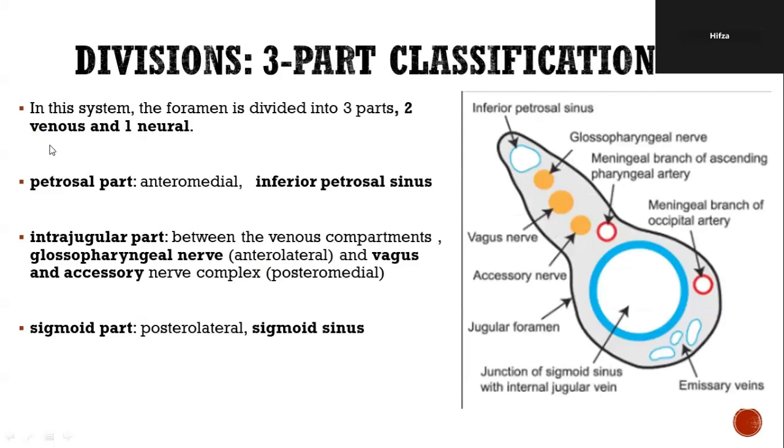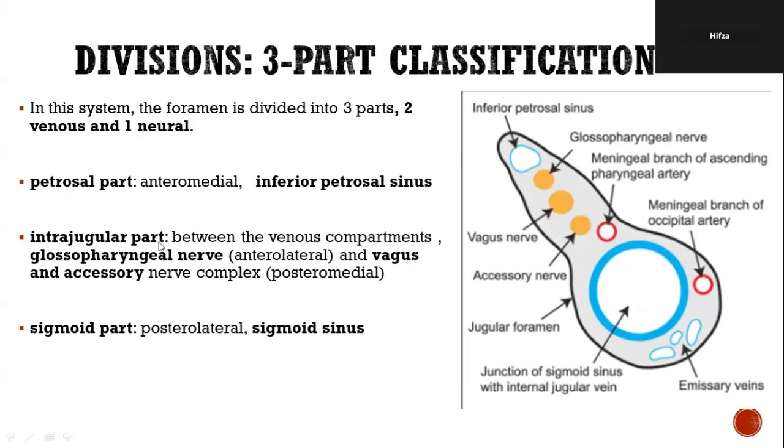Now, the new classification is a three-part classification, which divides this foramen into three parts, two venous and one neural. This one is the vascular or venous compartment, which is also known as the petrosal part. It is anteromedial and it contains the inferior petrosal sinus.